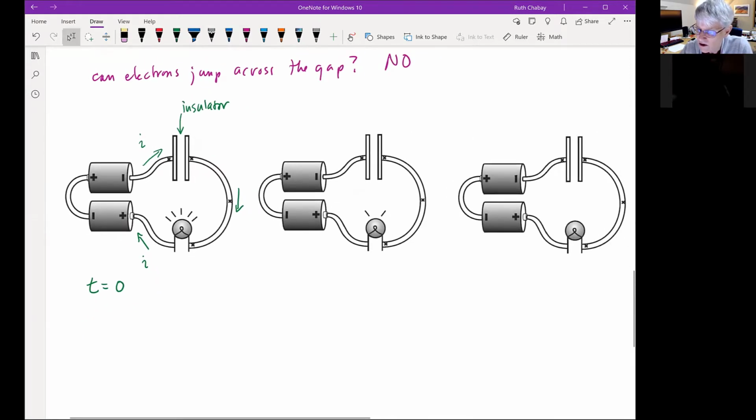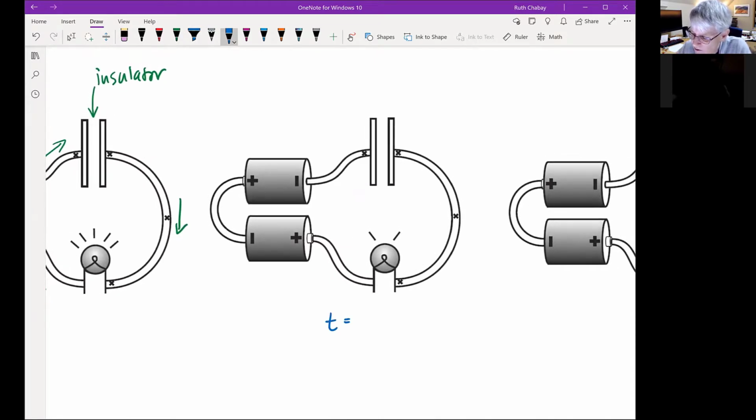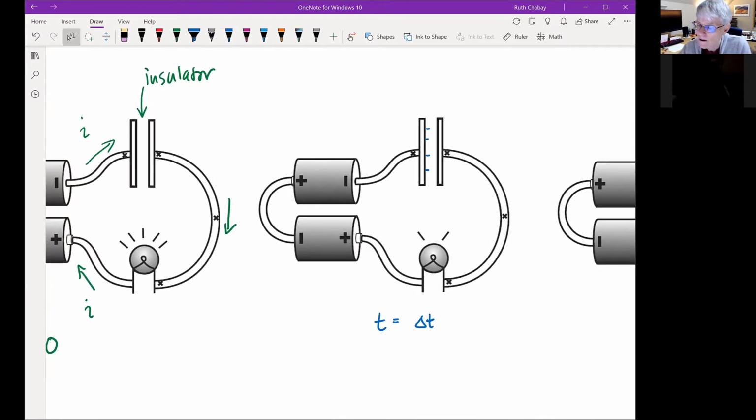And okay, so we start getting electrons piling up. So t equals delta t some small time later, we're starting to get electrons piling up on the negative plate of the capacitor. Well, now these electrons that are piling up on this plate are going to contribute to the electric field everywhere in the circuit.